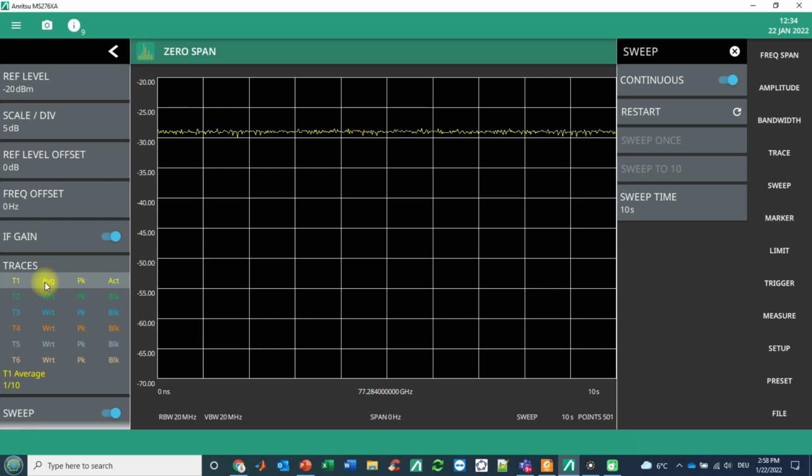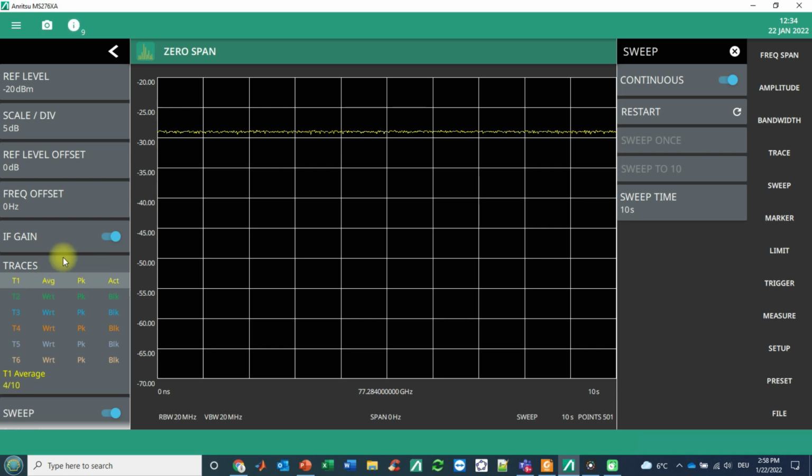This means by applying such a long sweep time, we are essentially averaging the received power more and more. This is kind of linear averaging, and we will see later on that this figure corresponds quite nicely also with the figure that we can measure in the frequency domain mode.